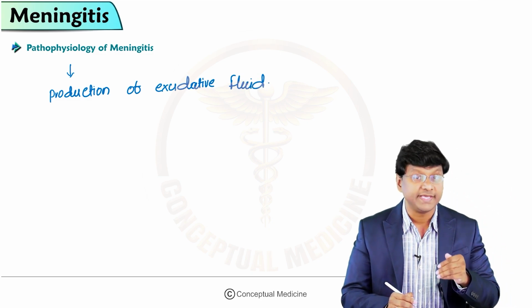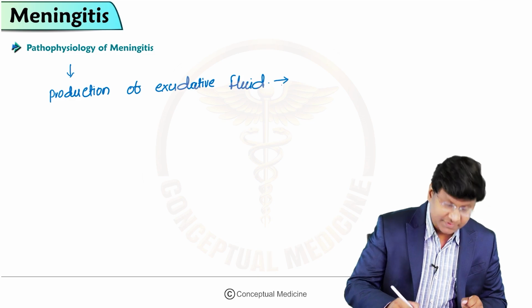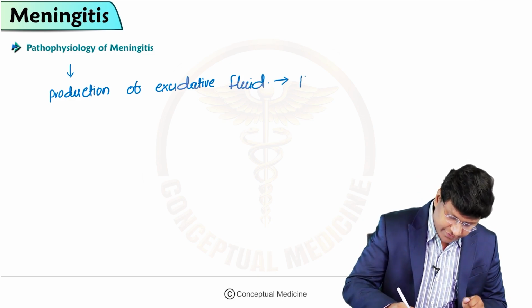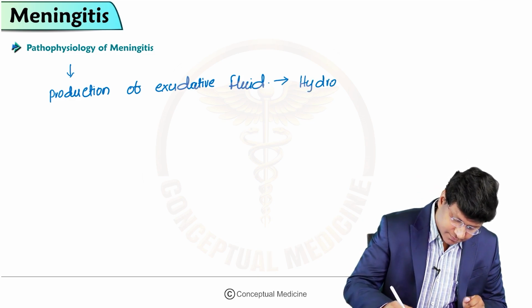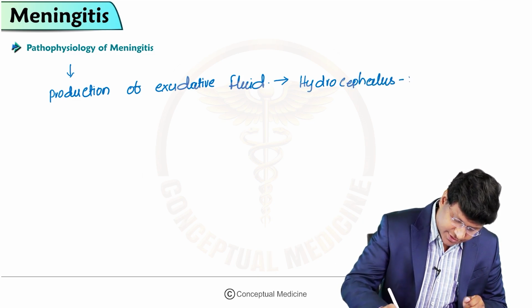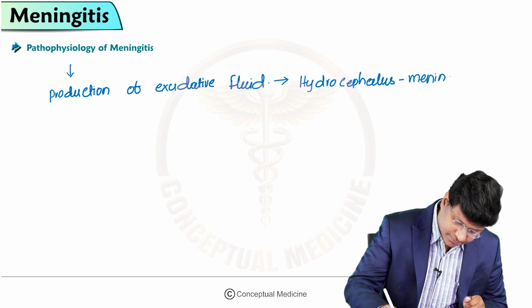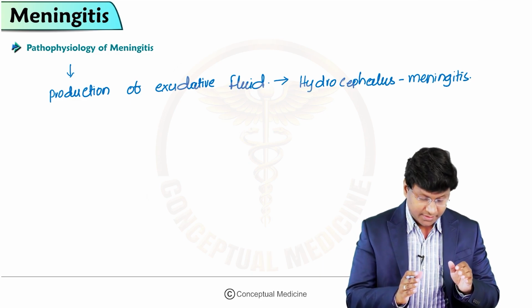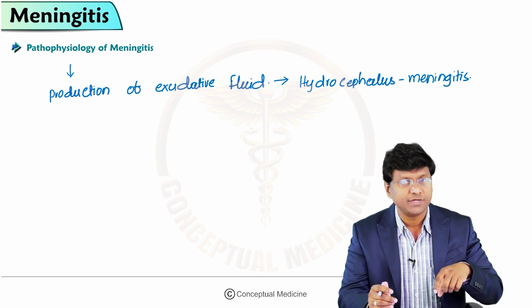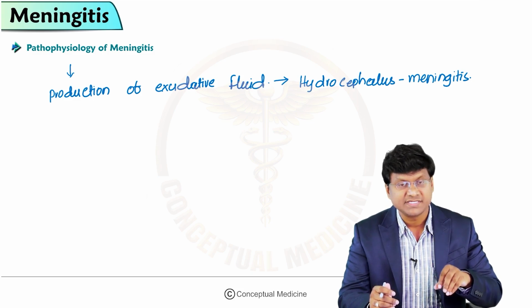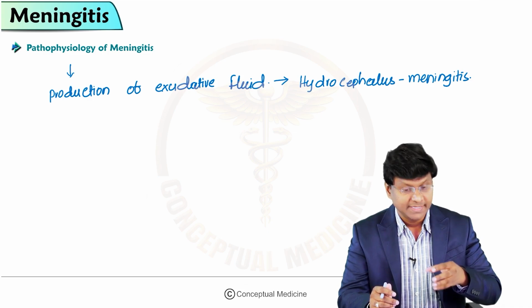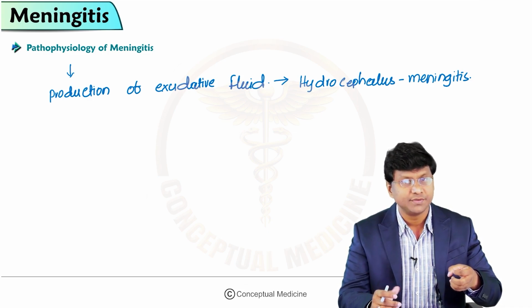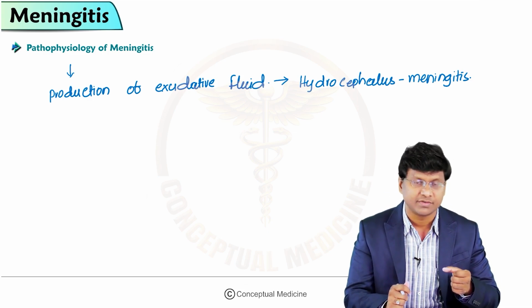When the exudative fluid is accumulated within the subarachnoid space and the meninges are being fibrosed, then the cerebrospinal fluid cannot be absorbed across the subarachnoid space.